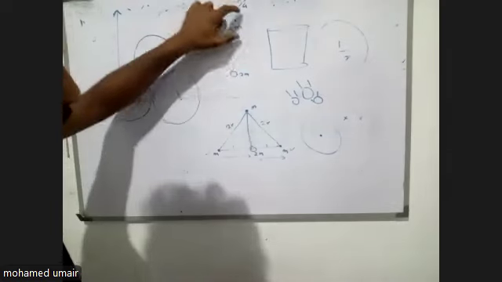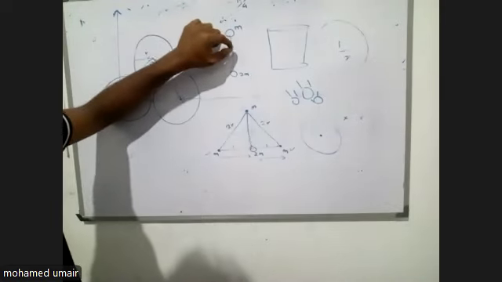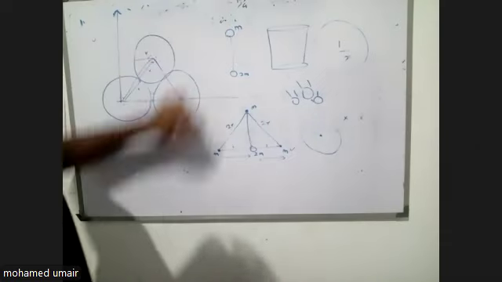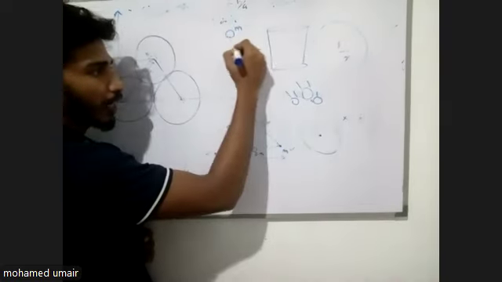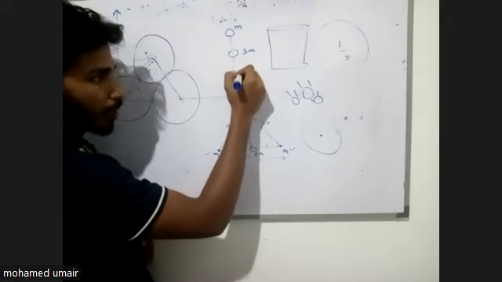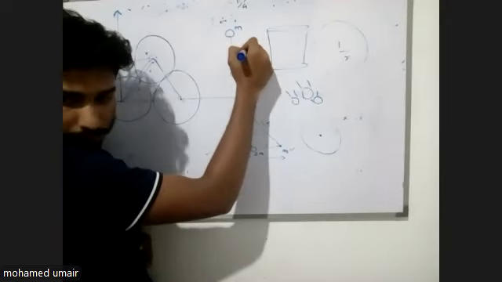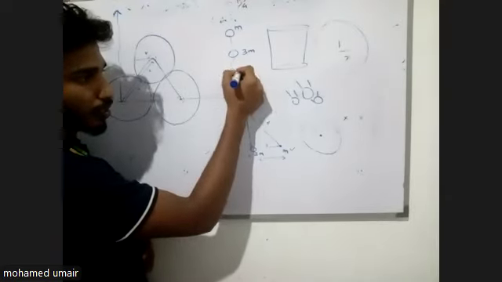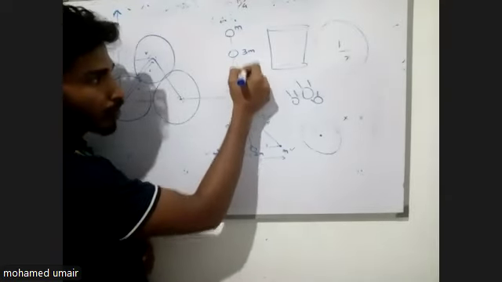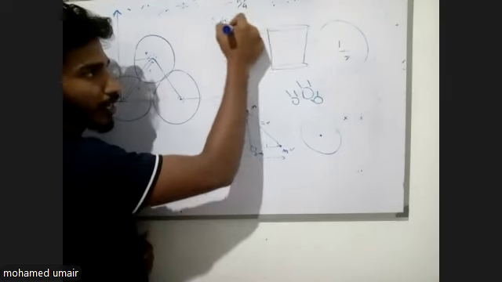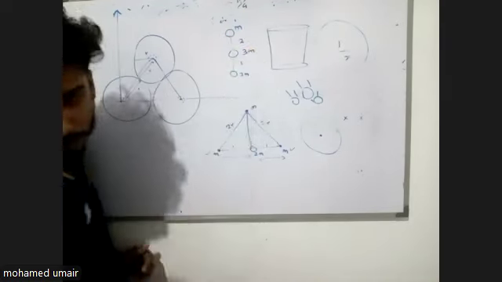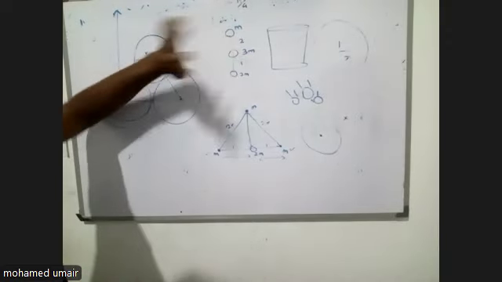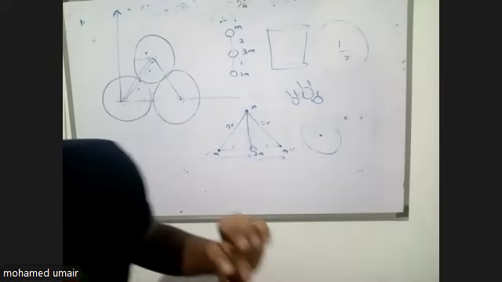Only if you are having equal masses will it be at the center. With unequal masses, the resultant mass is m plus 2m, which is 3m, but the ratio is opposite: I'm having 2m here and m here, so the ratio of the distances will be 2:1. Did you get that?